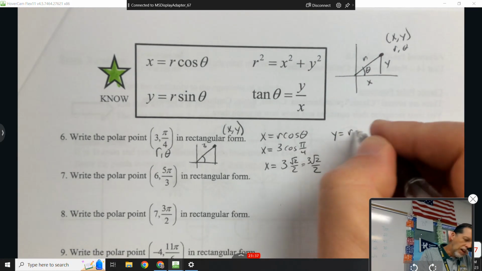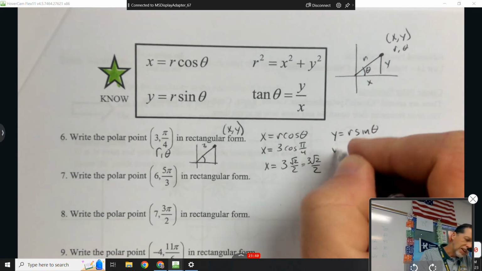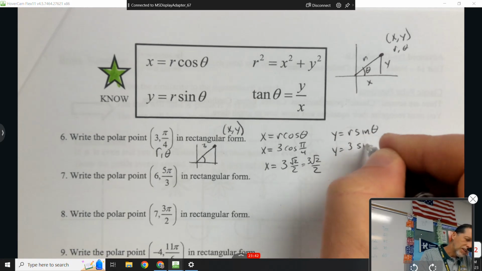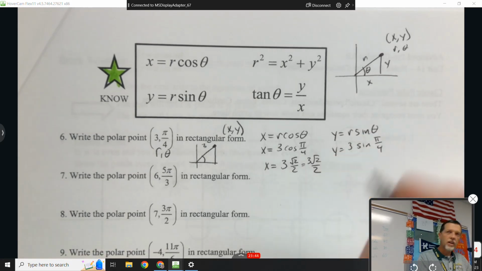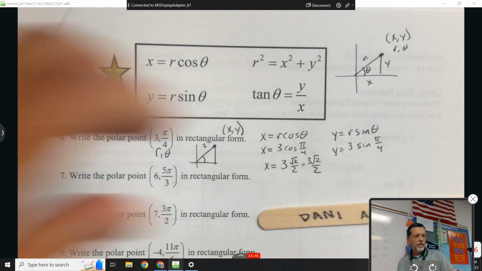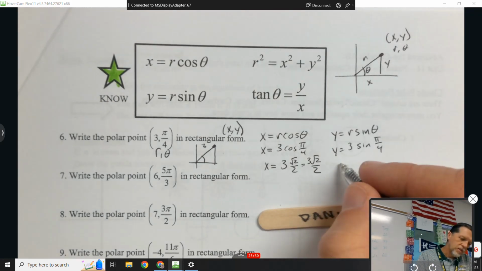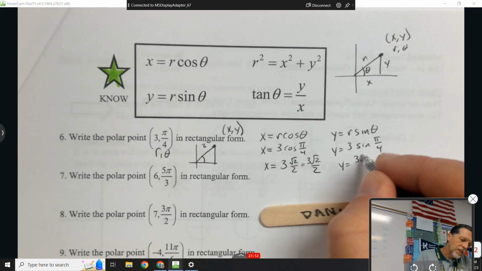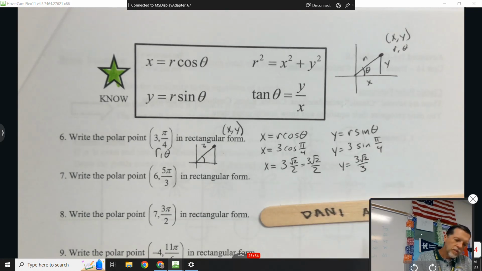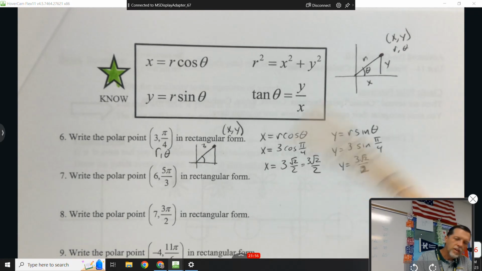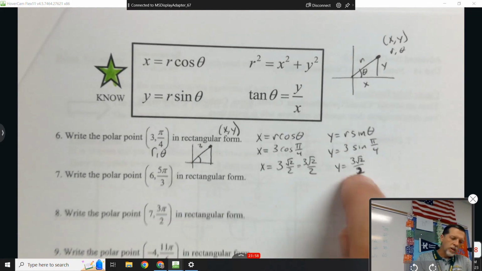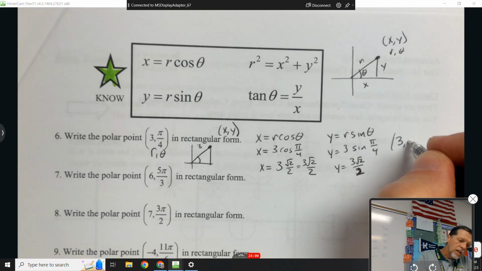y is equal to r sine theta. So 3 sine pi over 4. Danny, what's the sine of pi over 4? Square root of 2 over 2. So 3 root 2 over 2. Oops, over 2. So now I've got my x coordinate and my y coordinate: 3 root 2 over 2, comma 3 root 2 over 2.